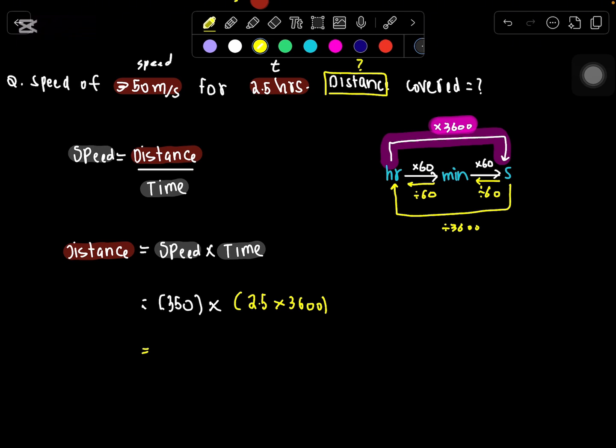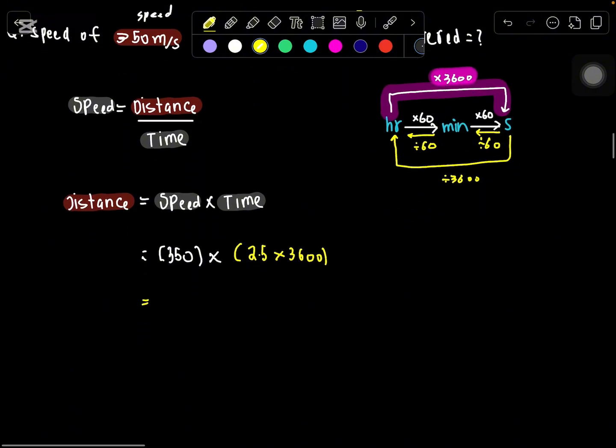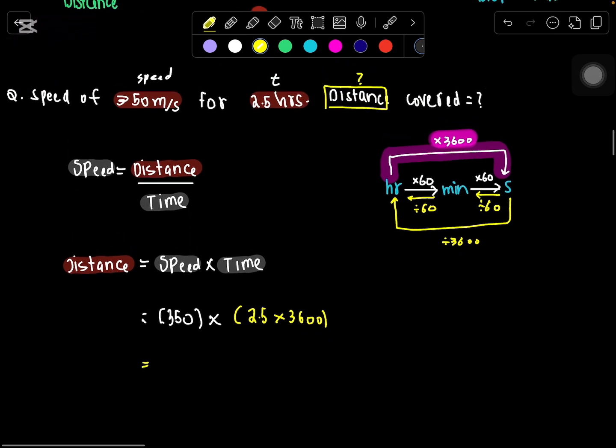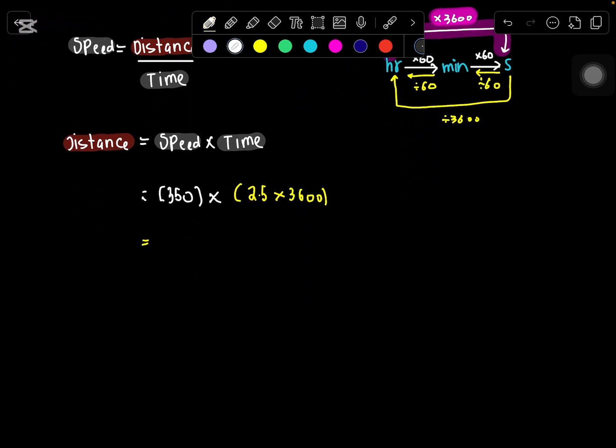Oops, that's a lot of distance. Wow. So we're getting 3,150,000 meters.